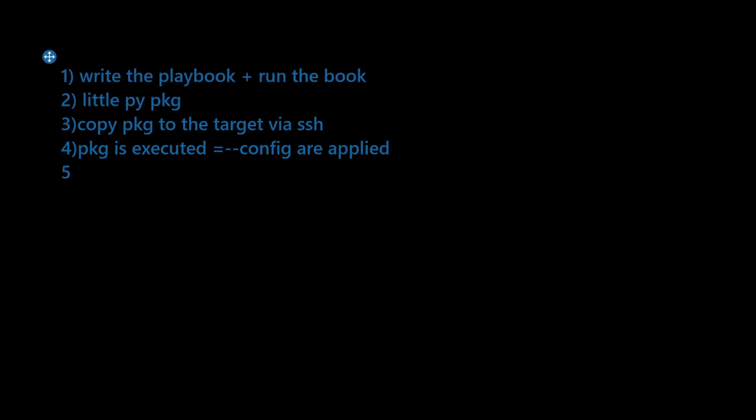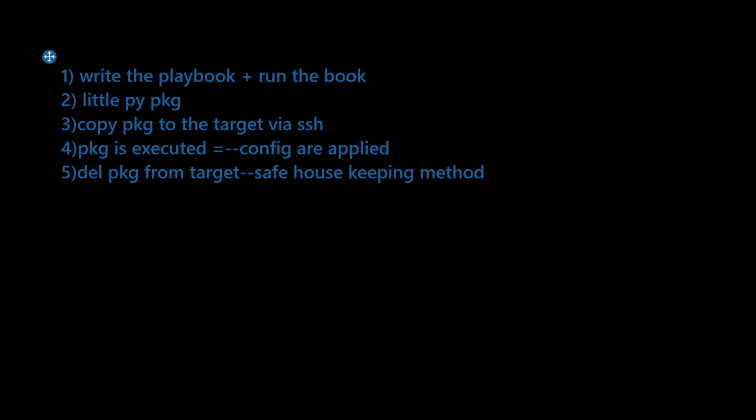And once configurations are applied, automation has happened. Once automation is done, that package will be deleted from the target, keeping the system clean, with safe housekeeping methods. That's all. This is what happens when you run an Ansible playbook.